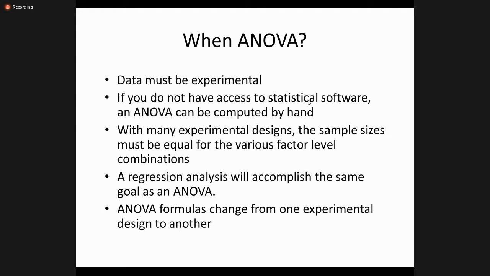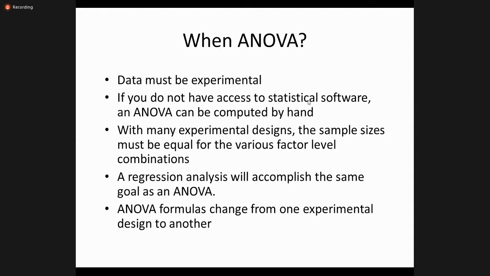Today we will only do this ANOVA test by using SPSS. SPSS is a software known as the Statistical Package for Social Sciences. With many experimental designs, the sample sizes must be equal for the various factor level combinations. These are some of the assumptions or conditions where you apply ANOVA. Data must be experimental, and in the experimental design the sample size must be equal for the various factor level combinations.